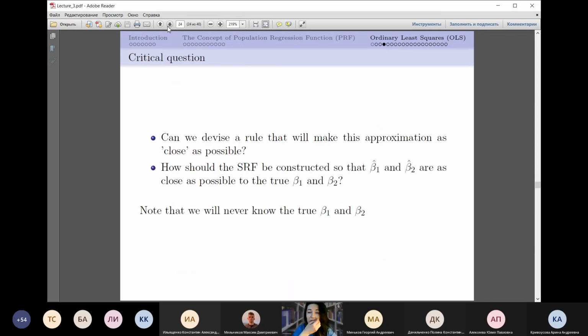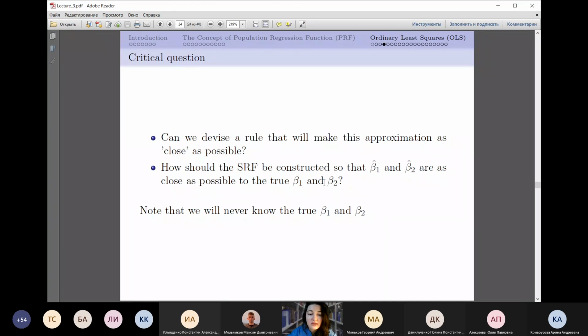So the critical question we need to answer is: can we devise some rule that will make this approximation as close as possible? We need some rule. And the second question: how should the sample regression function be constructed so that our estimates beta 1 and beta 2 will be as close as possible to the true parameters?